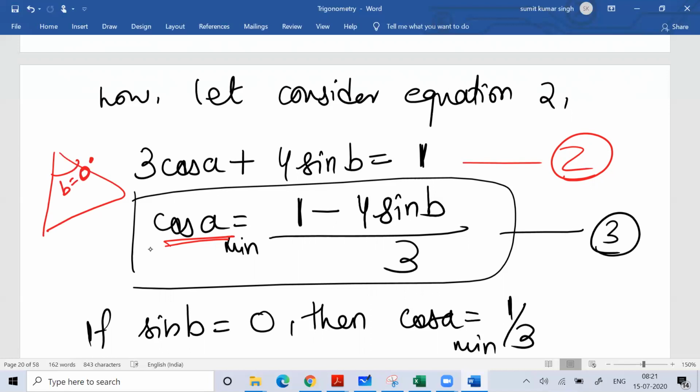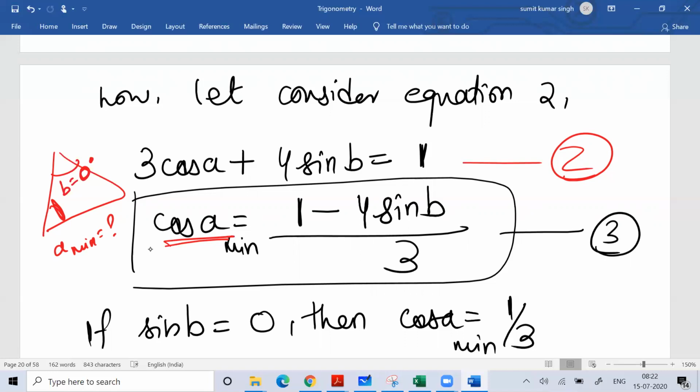I just want to minimize the values, so I put angle B equal to 0 degree. So I want to find the minimum value of angle A. Once we find the minimum value of angle A, then we can find the maximum value of angle C.